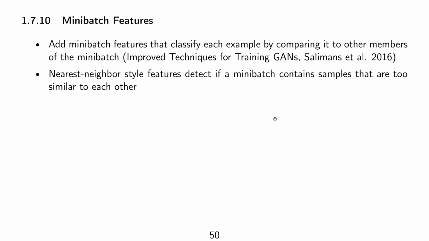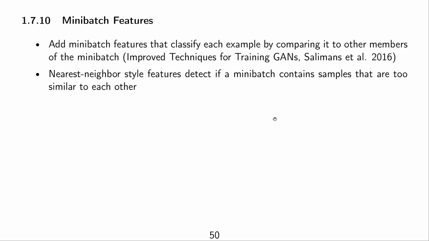So here we would like to introduce on a high level the idea to use mini-batch features. When the generator is generating samples, you would like it to generate one sample at a time, but to help training, it is possible to have the generator generate a mini batch of examples, and then the discriminator may be allowed to use statistics of the many images that the generator generates.